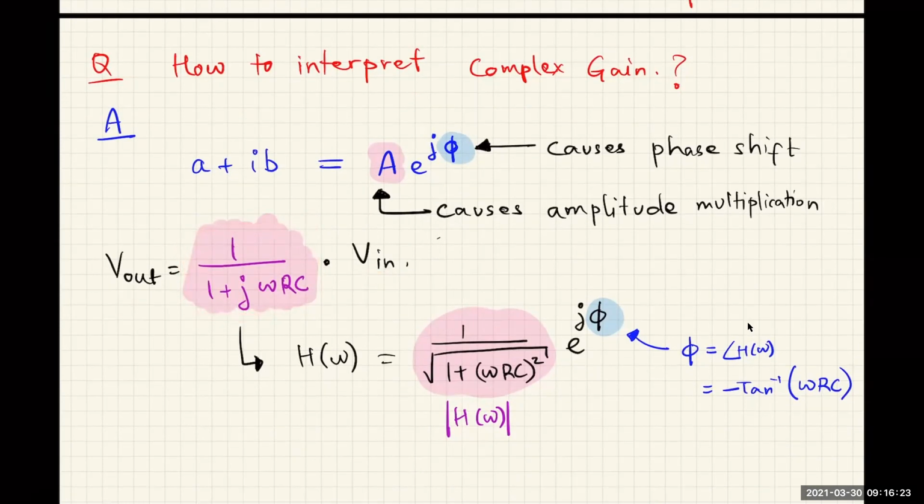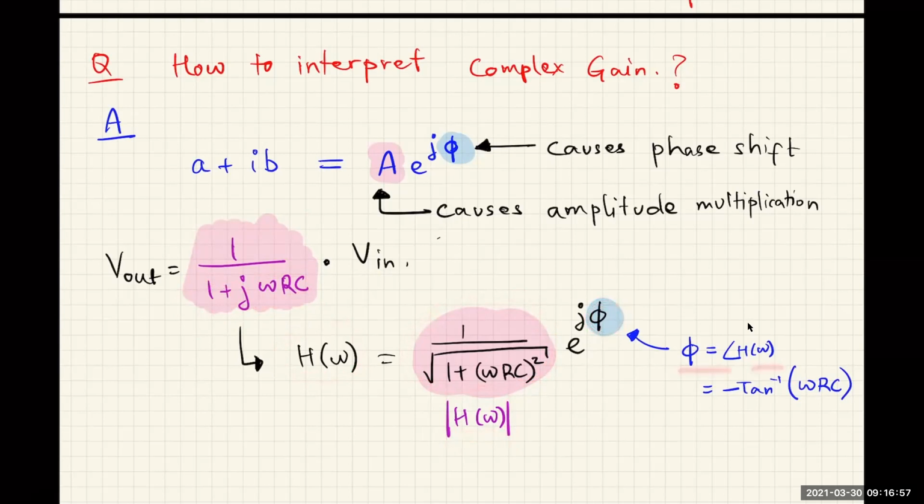We usually write this multiplication factor as H of omega, and it's sometimes also called the transfer function. Right now this is in the form a plus ib. It's in Cartesian form, so it has a real part and an imaginary part, but you can break this down into its polar form, where you write the magnitude as the magnitude of H of omega, times e to the power j phi, the phase.